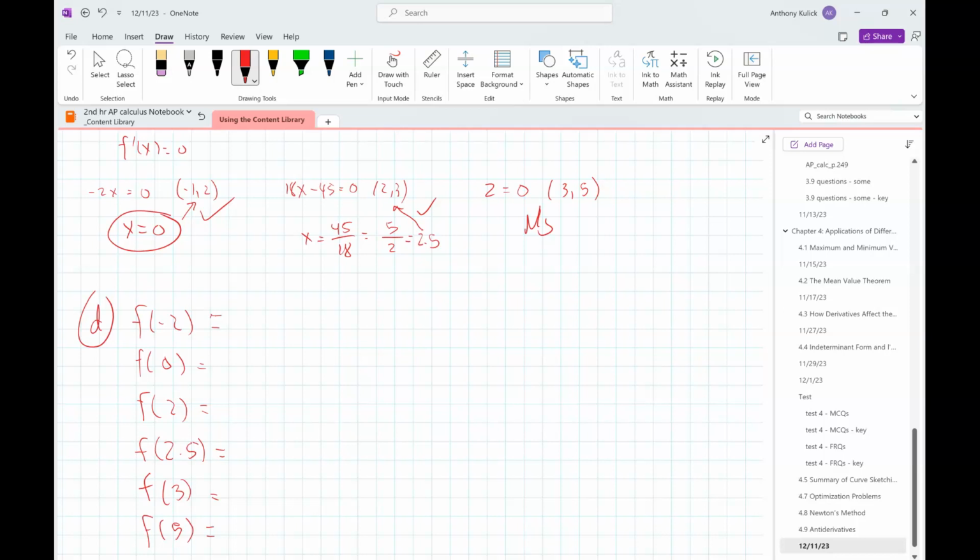So when I plug negative 2 in, I plug it into the first part. When I plug 0 in, I plug it into the first part. When I plug 2 in, I plug it into the second part. When I plug 2.5 in, I plug it into the second part.